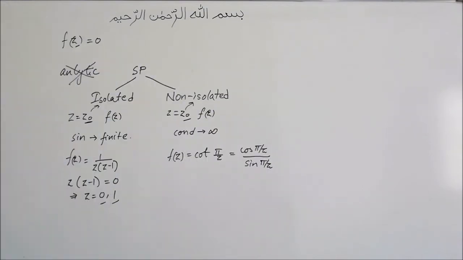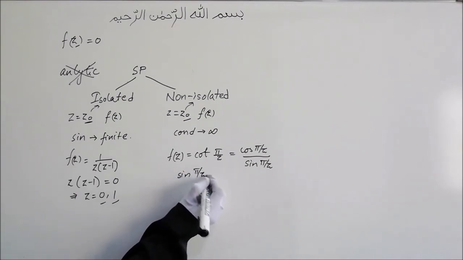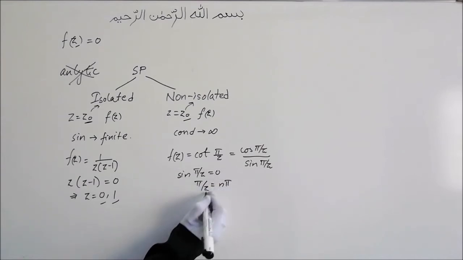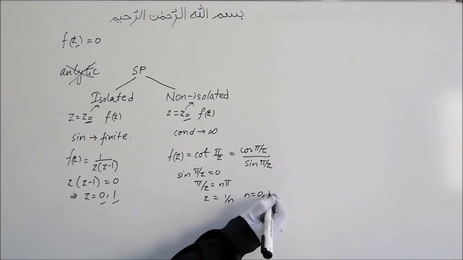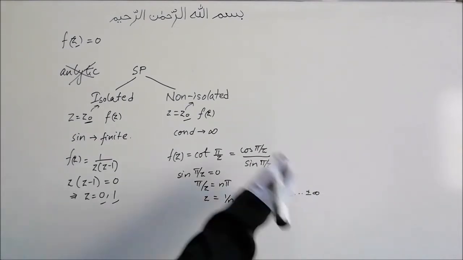Now we know again, for finding the singular points, we take denominator equals to 0. So we have sin pi by z equals to 0. This implies pi by z is equal to n pi, or z is equal to 1 by n, where the values of n are 0, plus minus 1, plus minus 2 up to plus minus infinity.